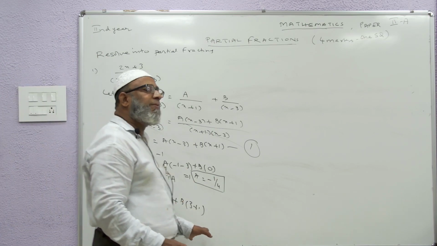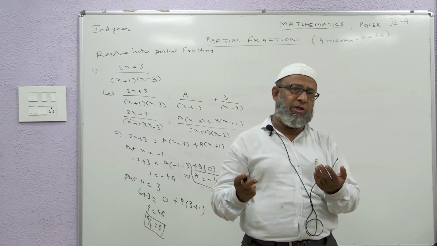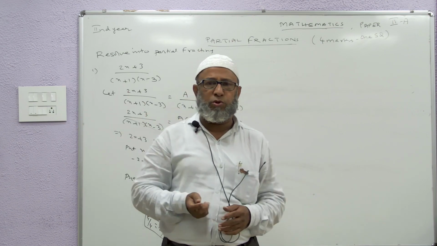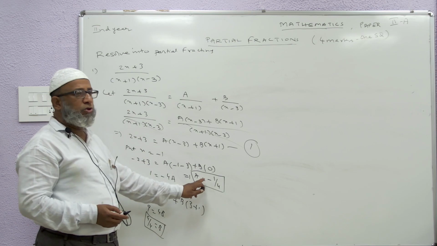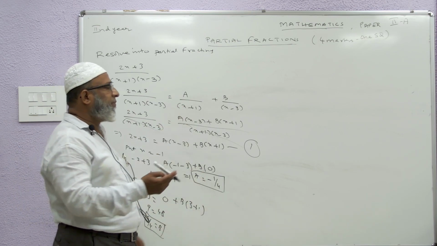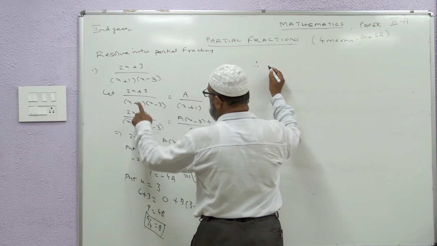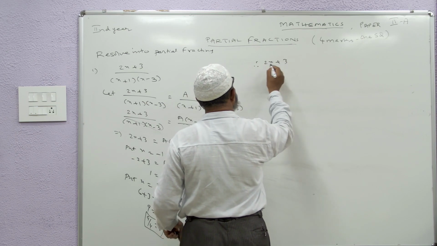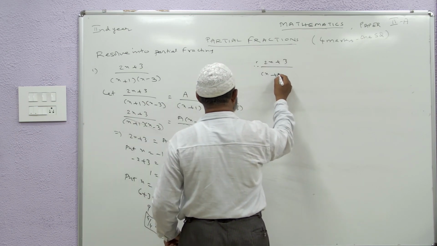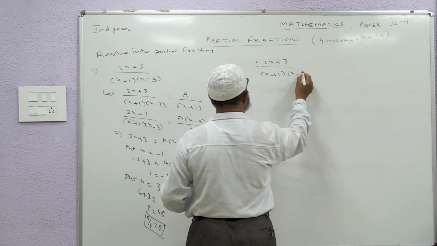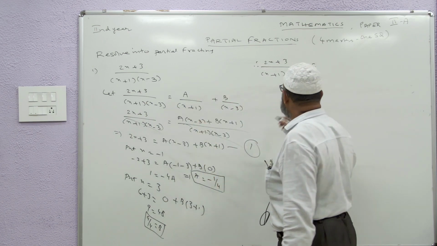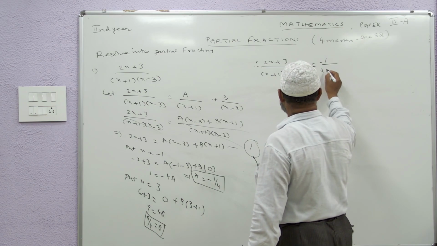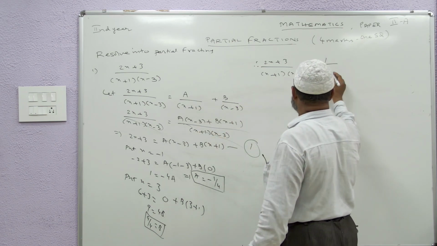So up to this part, 75% of the question is solved. Now, after finding the values of A and B, we have to substitute the values here. Therefore, what is our answer? (2x + 3) divided by (x + 1)(x - 3) is equal to, what is the value of A? -1/4. So substitute -1/4 into, what is this? (x + 1).